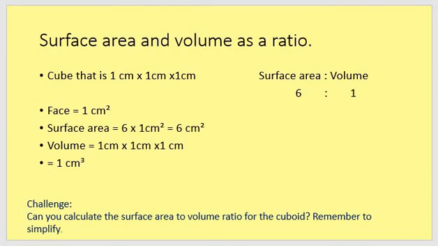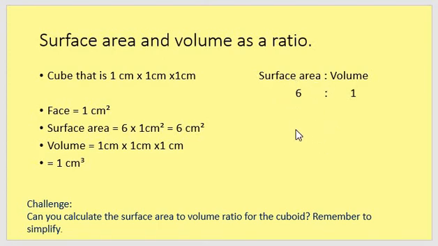Now, in order to compare the relative size of an area and a volume, we find a ratio. So that little cube we had at the beginning, 1 by 1 by 1, the face was 1 square centimetre, so surface area was 6 square centimetres. The volume was 1, so without any units in, with a colon, not a decimal point because this is not a whole number, you're comparing, it's a ratio, so you need a colon.